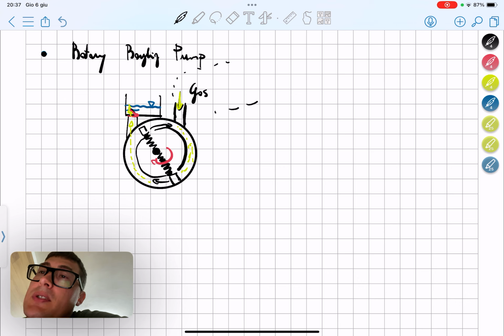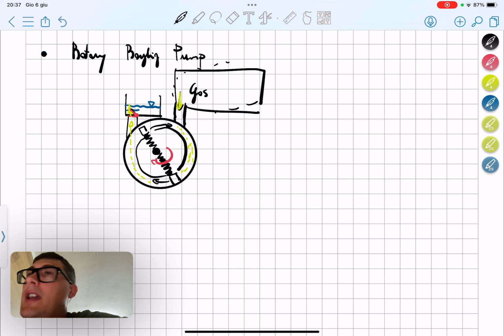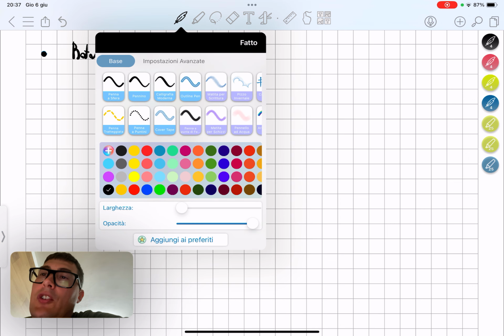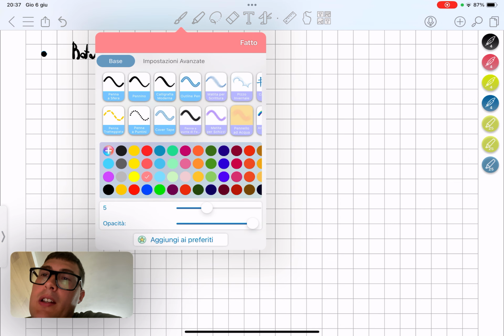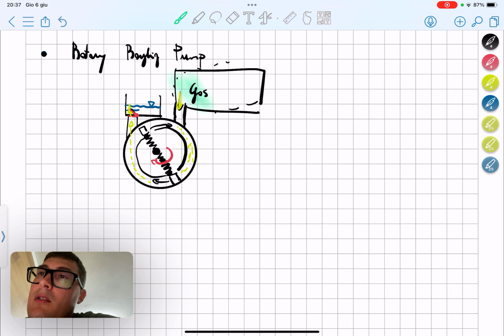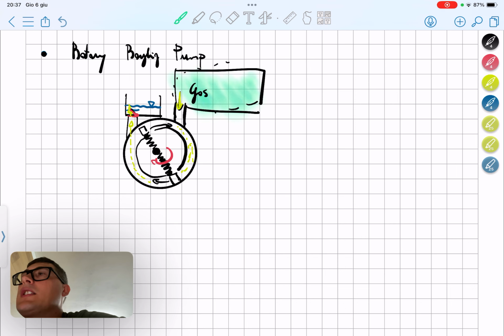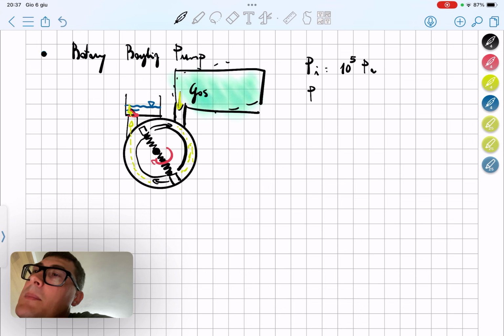This type of pump can work well in a regime starting from atmospheric pressure, so the initial pressure is 10 to the 5 Pascal, and the ultimate, final pressure is about 1 Pascal.